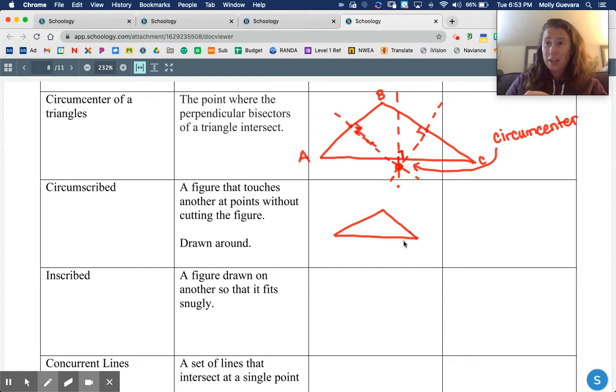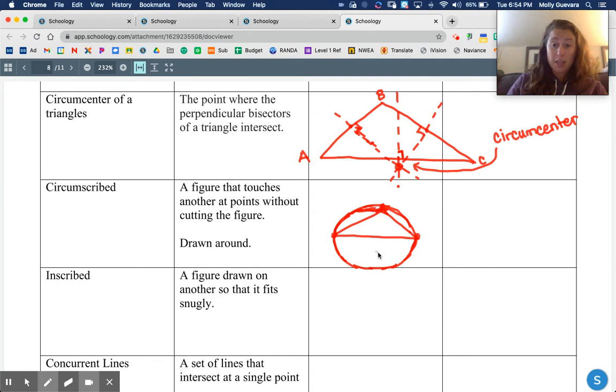So I'm going to go ahead and do that and then show you guys when it's done. So I did the best I could here. So notice that I was able to draw this circle that intersected at the vertices, but it did not break up the triangle or cut the triangle in any way. So this would be a circle that's circumscribed around a triangle.